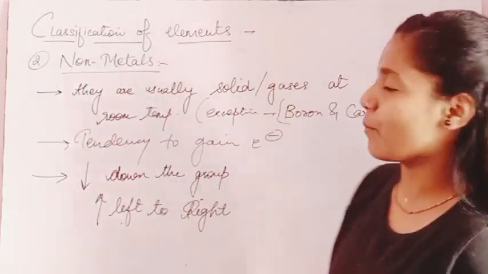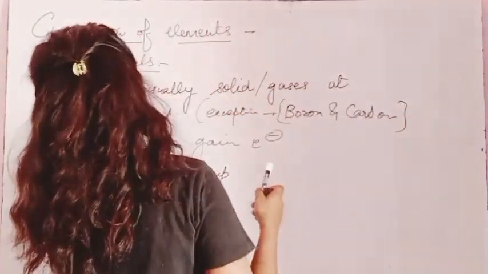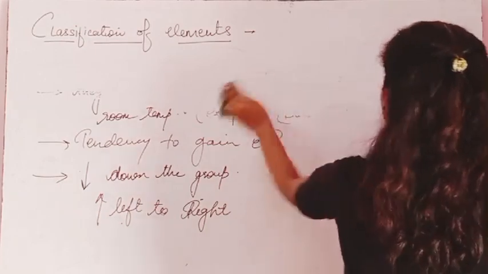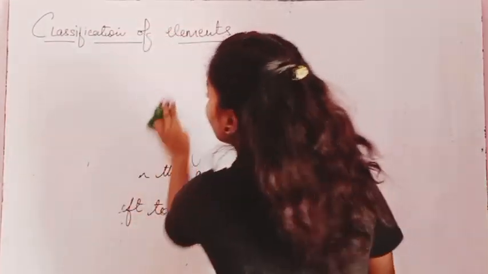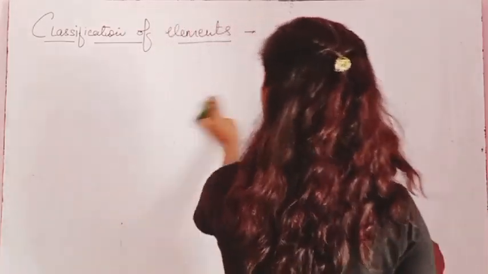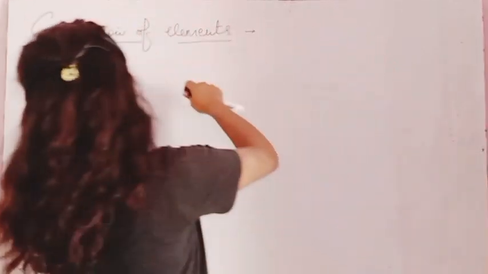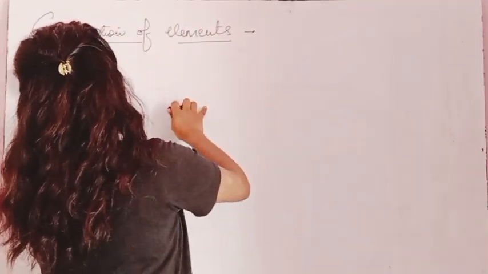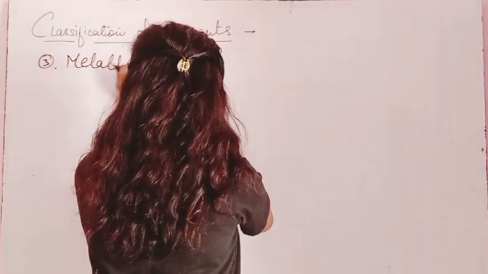And now let's jump upon the third subtopic for your classification of your elements, right? So don't worry, after this it's gonna be a super important point regarding your screening and shielding effect. We will be discussing it all, right? So the third point I wanted to add on is your metalloids.